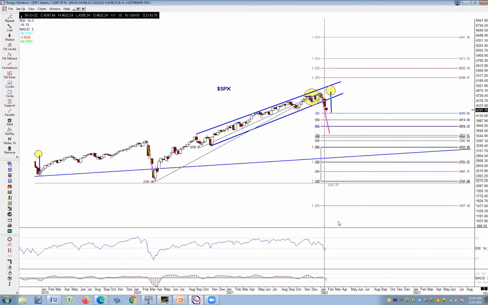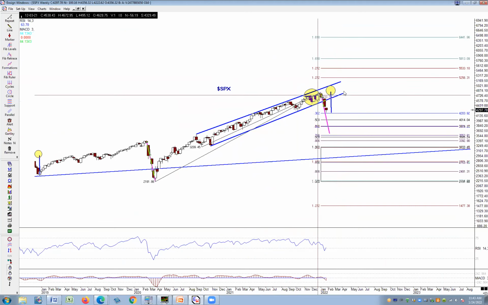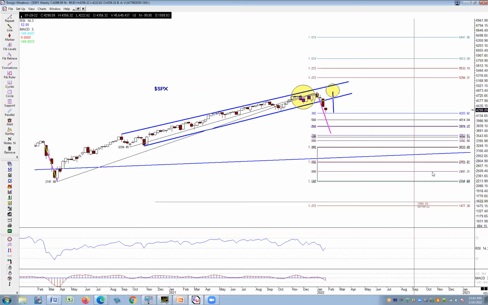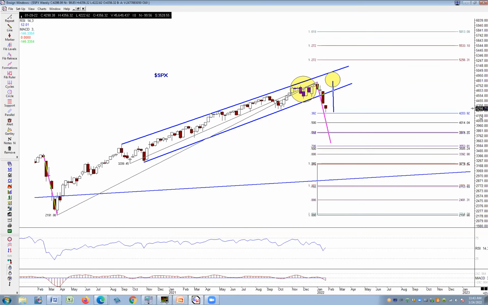Okay, so the weekly chart of the S&P, this is what I wanted to show you as well. Here's where a butterfly high was. We see that even on the weekly chart. But again, look at where the open, close, we'll move to the downside, back up, look at the close, open, close.